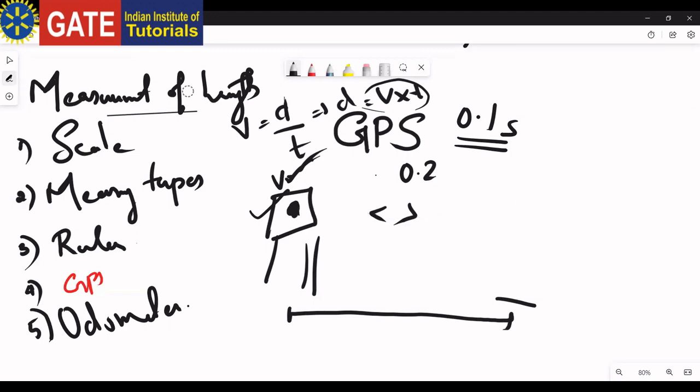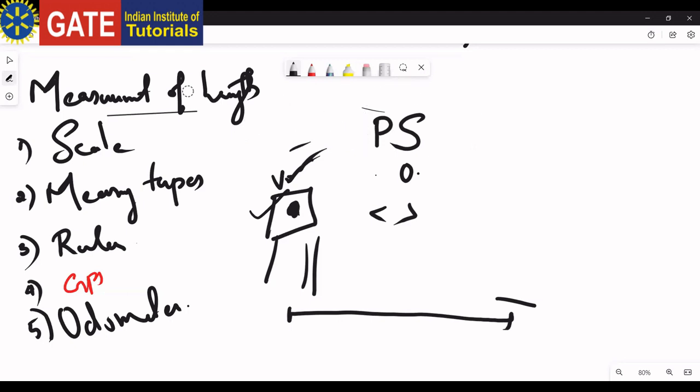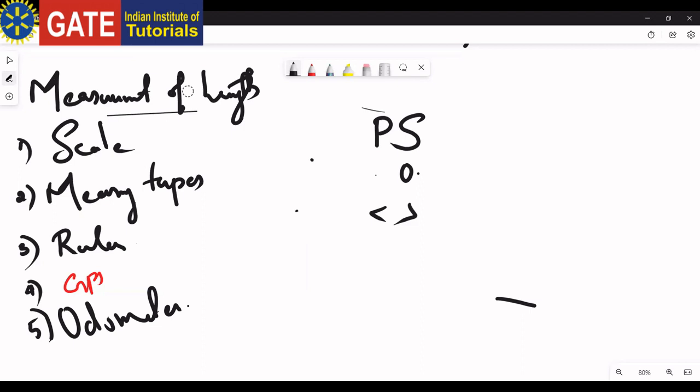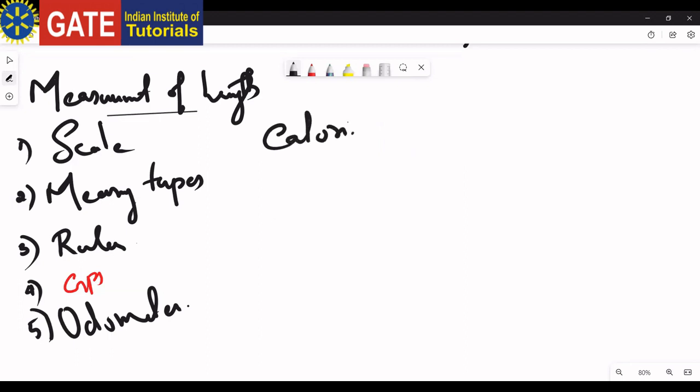And another important device. All these devices are used to measure bigger measurements. If you have a very small measurement to measure, say for example, you have to measure the diameter of a tumbler. Or you have to measure the diameter of, have you heard of calorimeter? Calorimeter is nothing but just a golden or copper colored tumbler shaped substance.